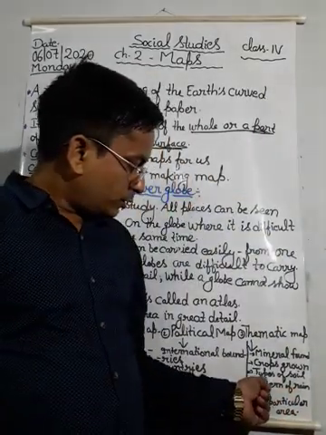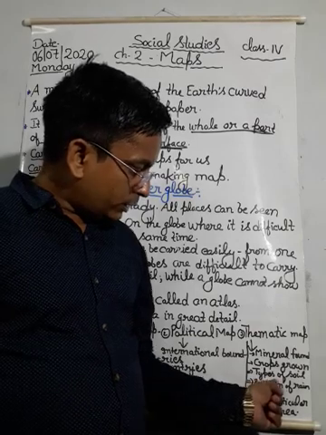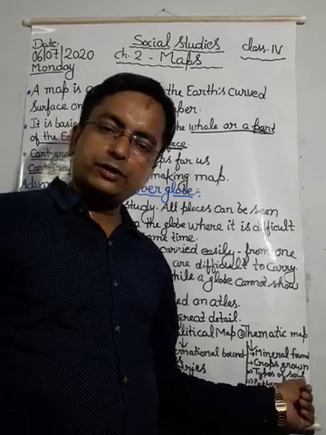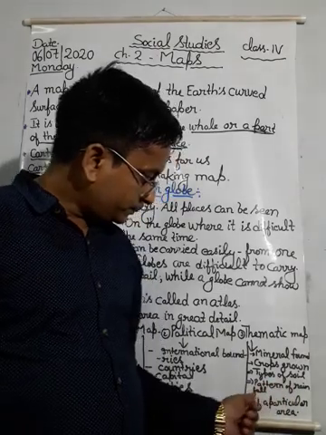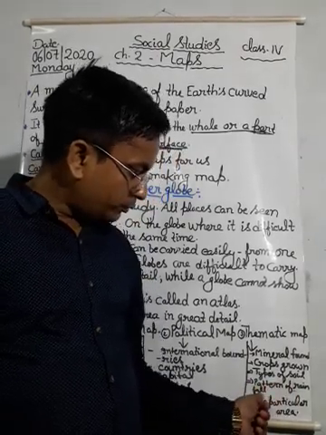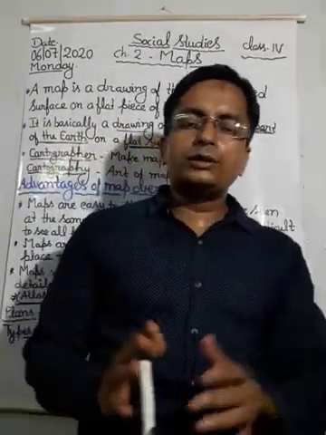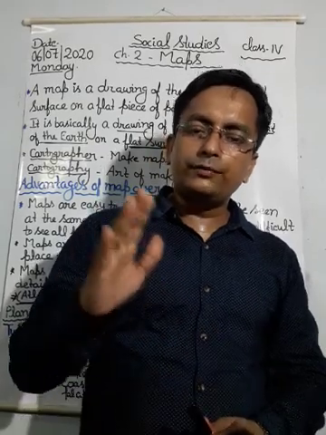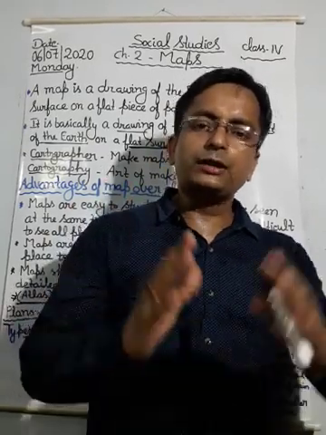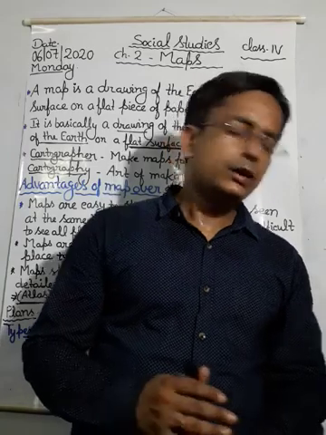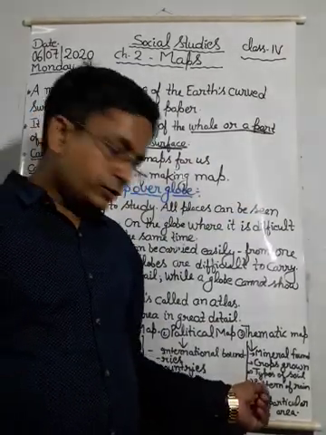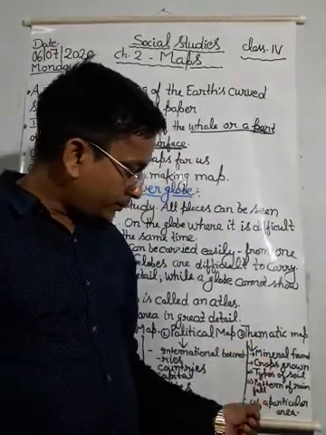So we can show types of soil. Pattern of rainfall means how much rainfall is there in different parts of the country. We can do the comparison between states and country with the help of a thematic map.